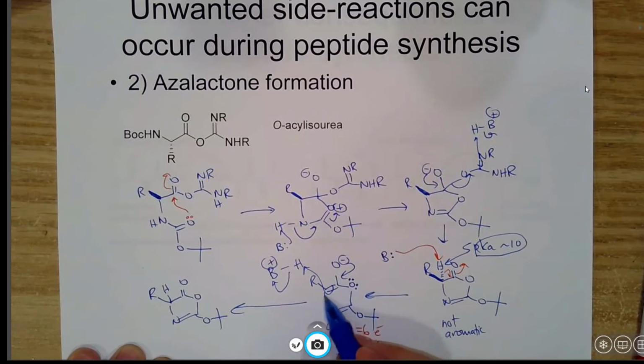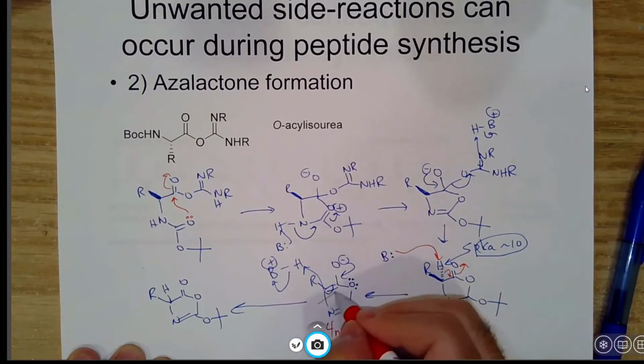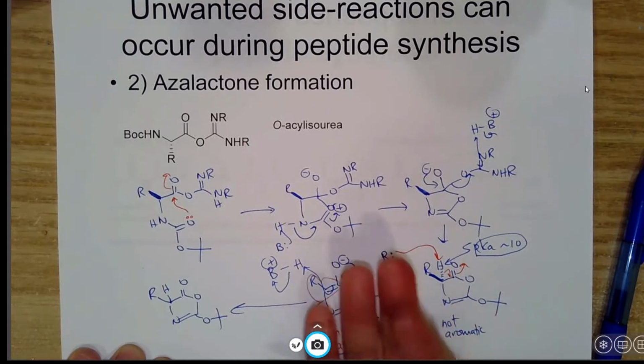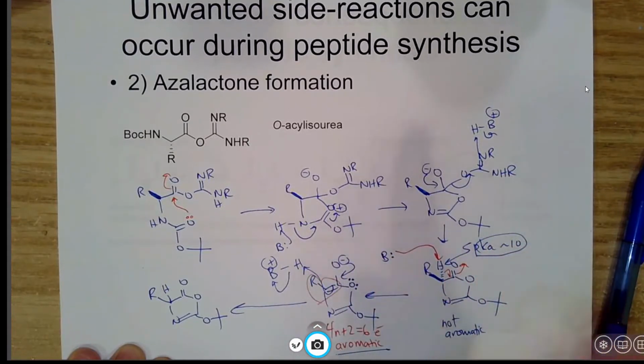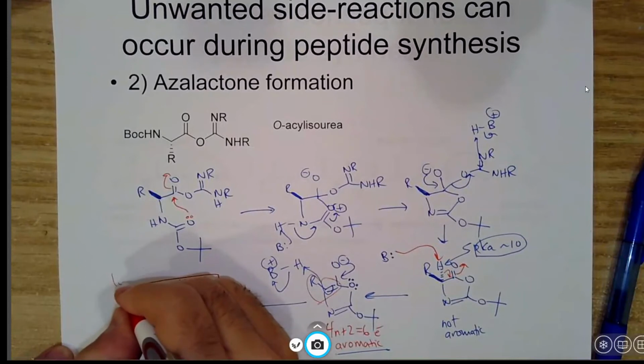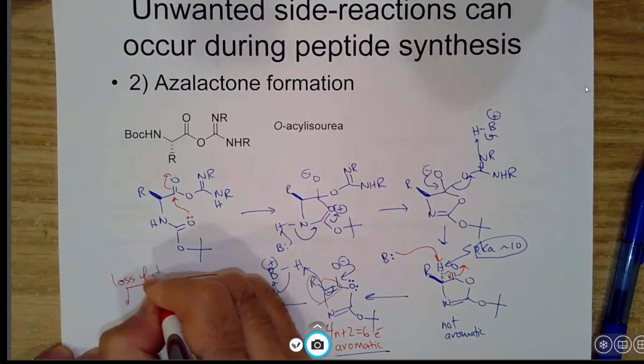But because this group here is sp2 and planar, when you pick up the proton, it can be picked up from above or below. Imagine this is your plane. It could pick it up on top, or from the bottom. So the net effect is you could get loss of stereochemistry.